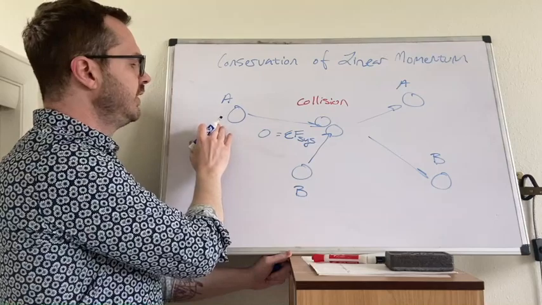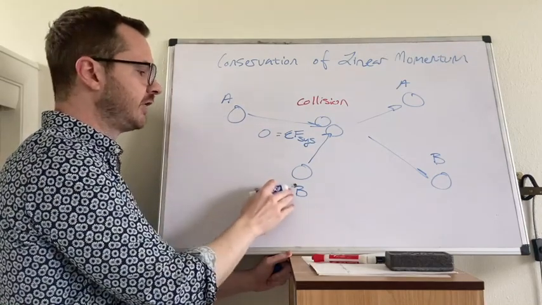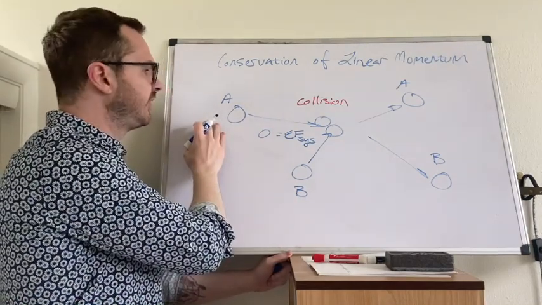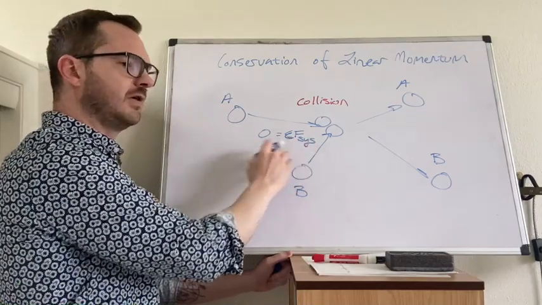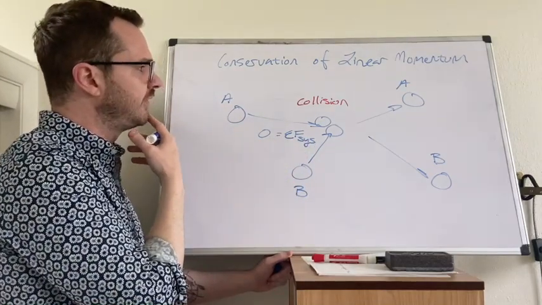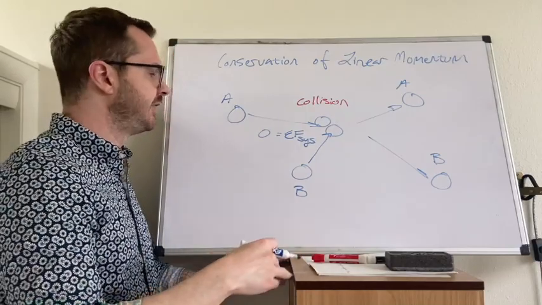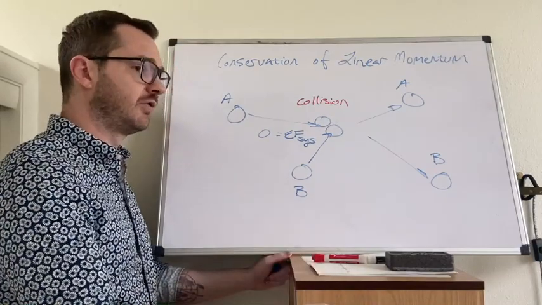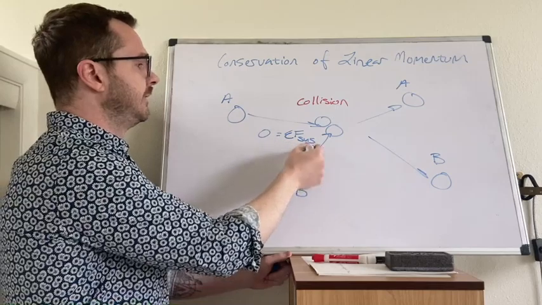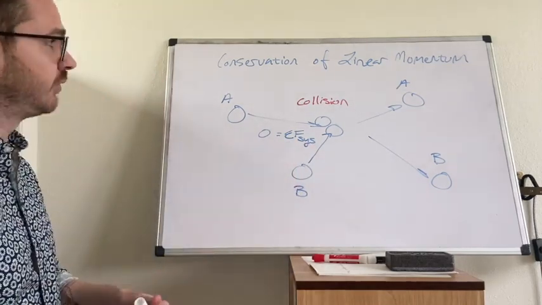Whatever forces A is exerting on B, B also exerts those same forces on A, such that the sum of forces for the whole system is 0. This also means that there is no drag, there is no gravity, there are no external forces. So the sum of forces on this system is equal to 0.